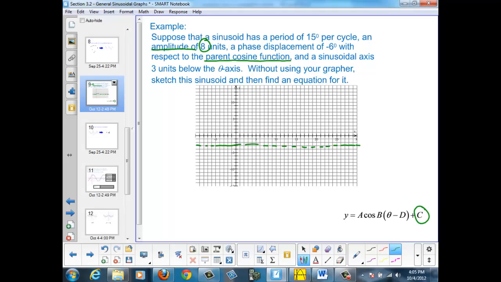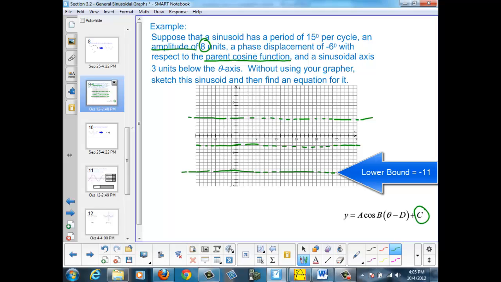So if we start at -3 and move up 8, we will end up at 5. So I'm going to draw another dashed line at my upper bound. I will also subtract 8 from -3 and end up at -11 and draw a dashed line at my lower bound.